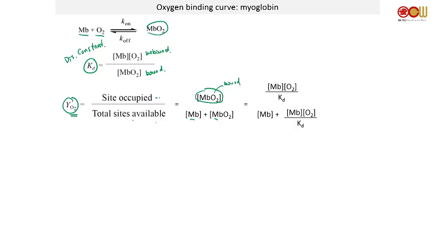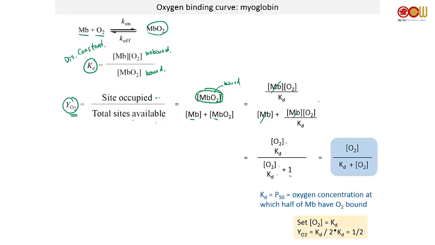So you solve for the bound myoglobin and oxygen, and you do a little rearranging, and then this is the expression that you get. Simplify this expression because you can cross out the myoglobin concentrations. Then what you have is [O2]/Kd over [O2]/Kd plus 1. And then we can simplify that as essentially [O2] divided by Kd plus [O2].